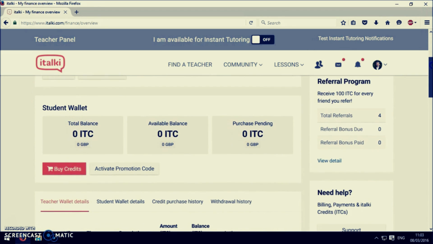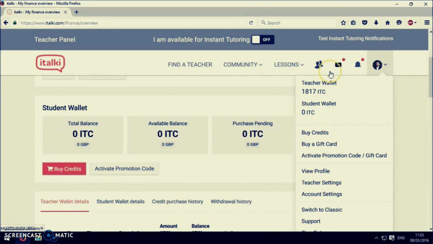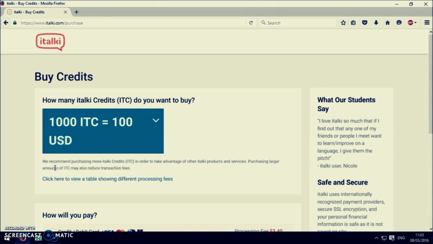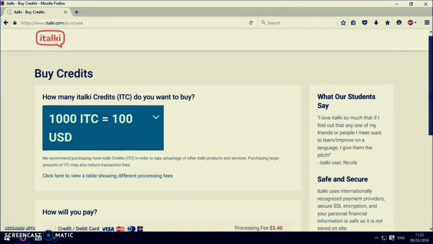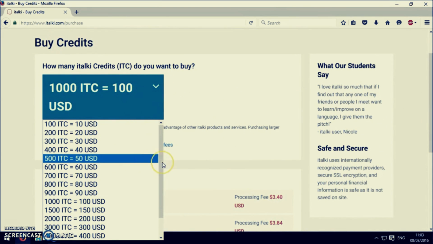I've got something else because I'm a teacher, but if you go to student wallet here, and then to your wallet, and then you go buy credits, and then you can buy however many you want, and then you can use that to buy lessons.